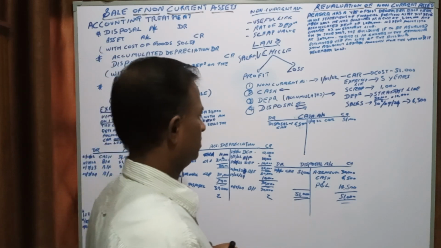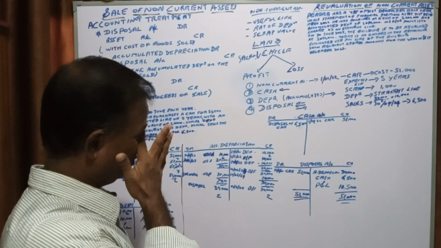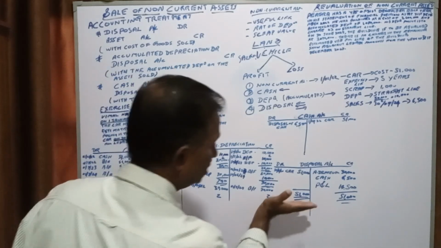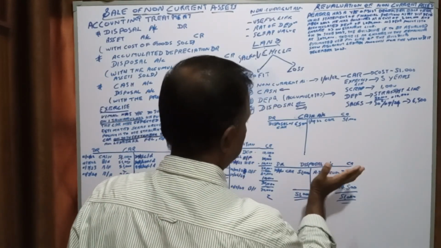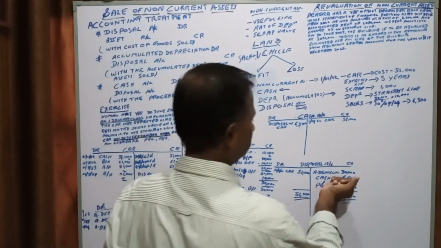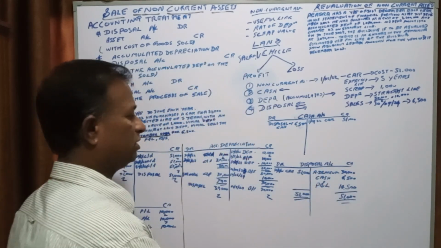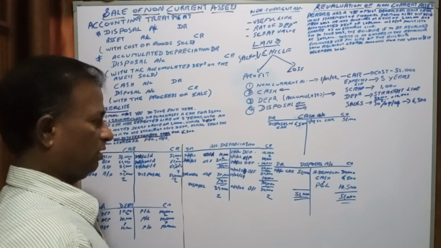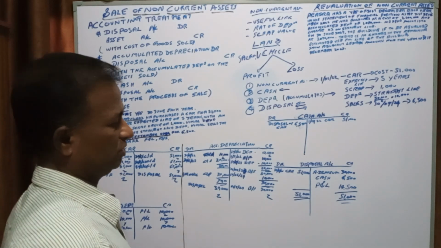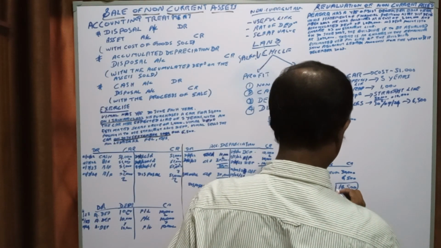Balance means creditor. Disposal account. We incurred a loss of 14,500 because cost is 51,000. We made a depreciation of 30,000. Cash received on disposal is 6,500, so 36,500, and 51,000 minus 36,500 is 14,500. That is the loss incurred. This is the loss.